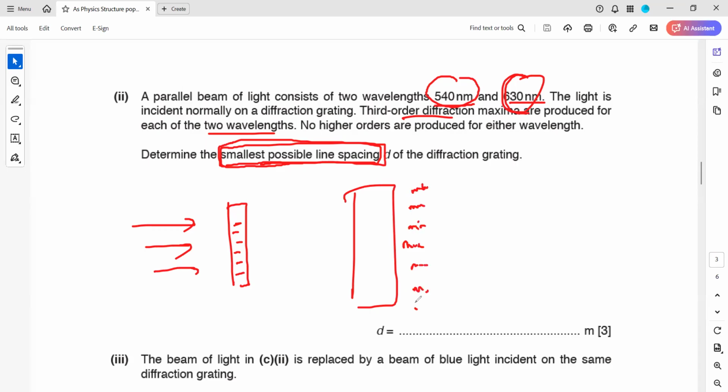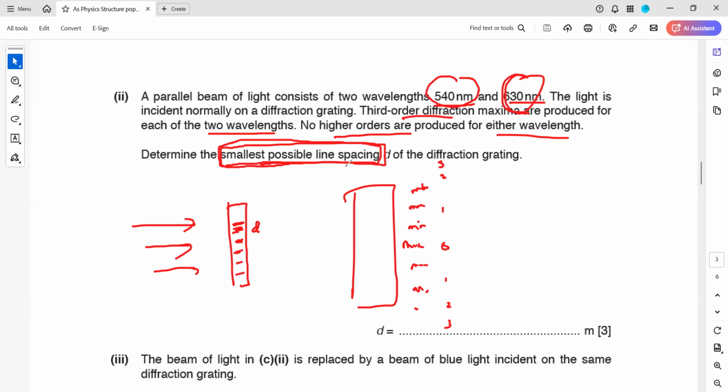Maximum we got third order. For example, n equals 0, 1, then 2 and 3. Same thing on the other side, n equals 1, 2, and 3. That's the maximum we got. No higher orders are produced by either of these wavelengths. So we want to determine the smallest possible line spacing, D.